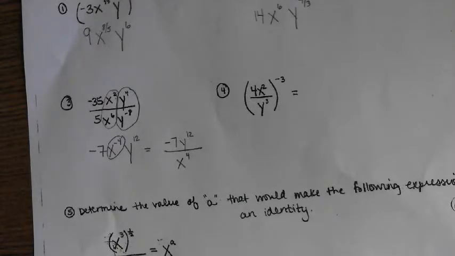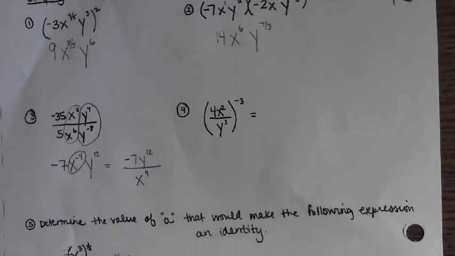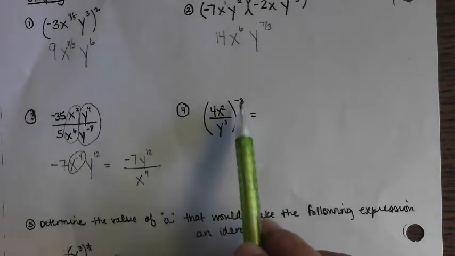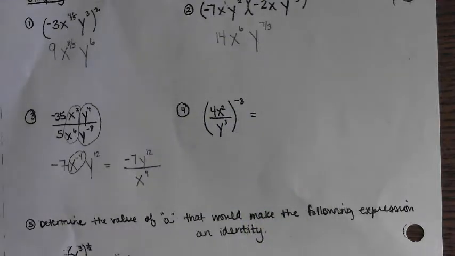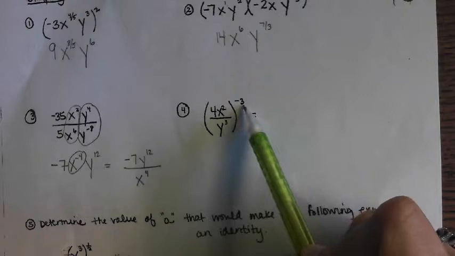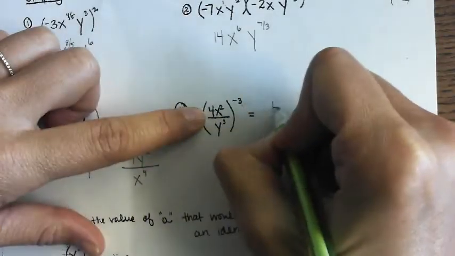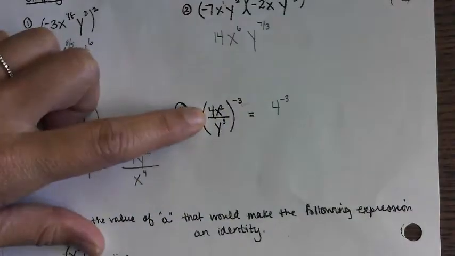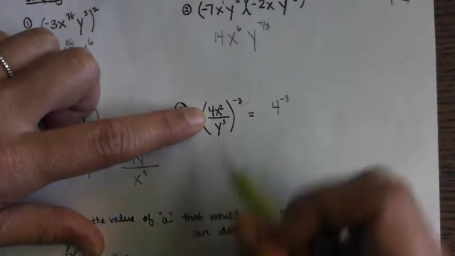Okie doke. So you start to see a couple layers of rules. This one, we're going to work kind of from the outside and hit that parenthesis rule first and raise everything to the negative third power. So 4 to the negative third is just going to be 4 to the negative third. We'll handle that negative exponent in a minute.